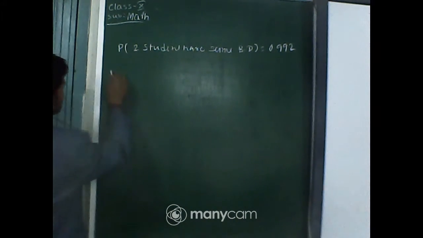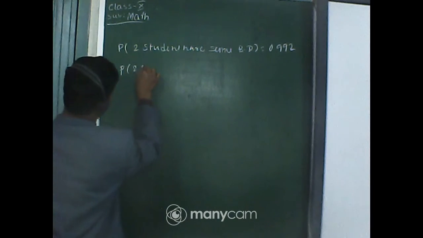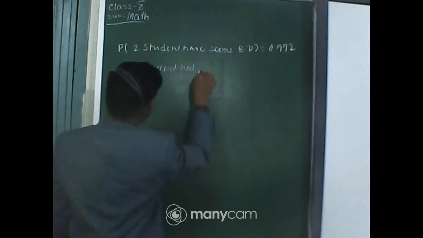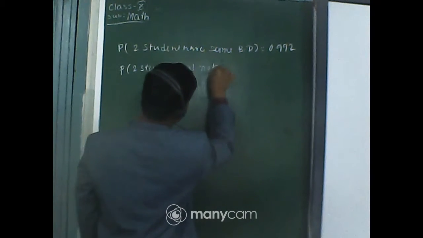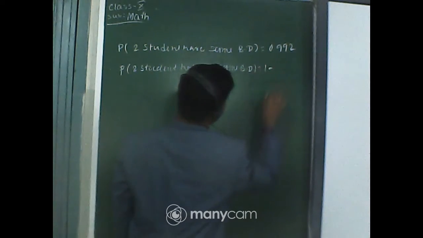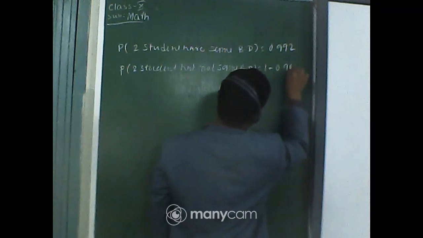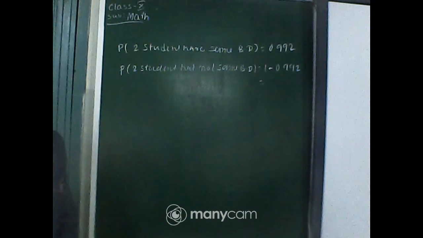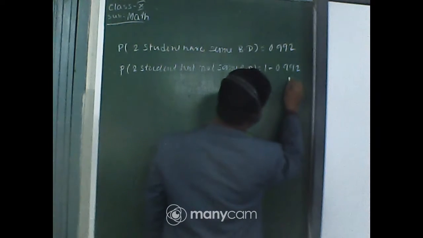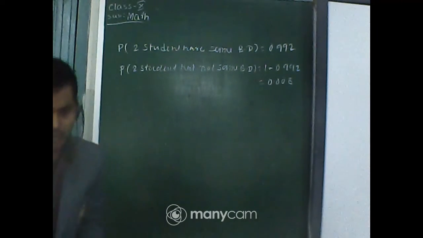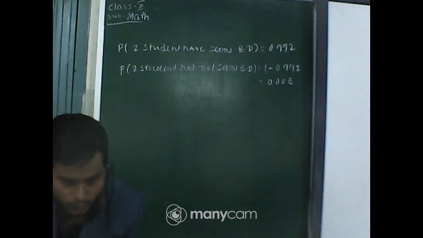Then probability of 2 students not having the same birthday is equal to 1 minus 0.992. Just subtract 0.992 from 1. So it will be 0.008.